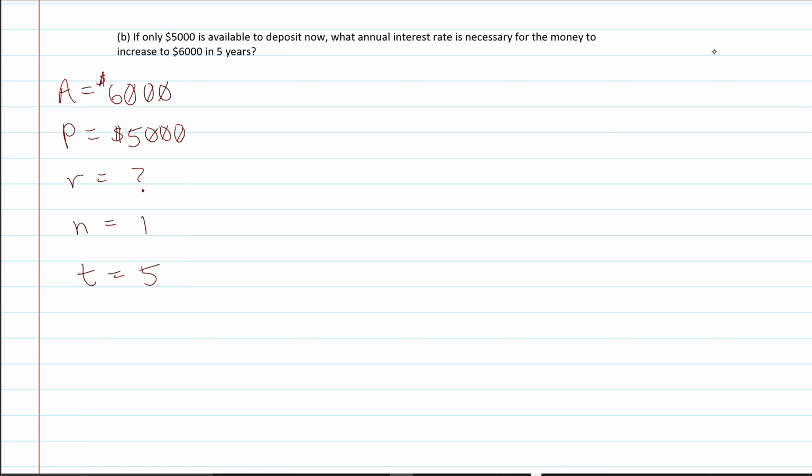How much does the interest need to be for her money to grow the way she wants it to in 5 years? So I'll just substitute in. We have $6,000 equals 5,000 times the quantity of 1 plus R over 1.